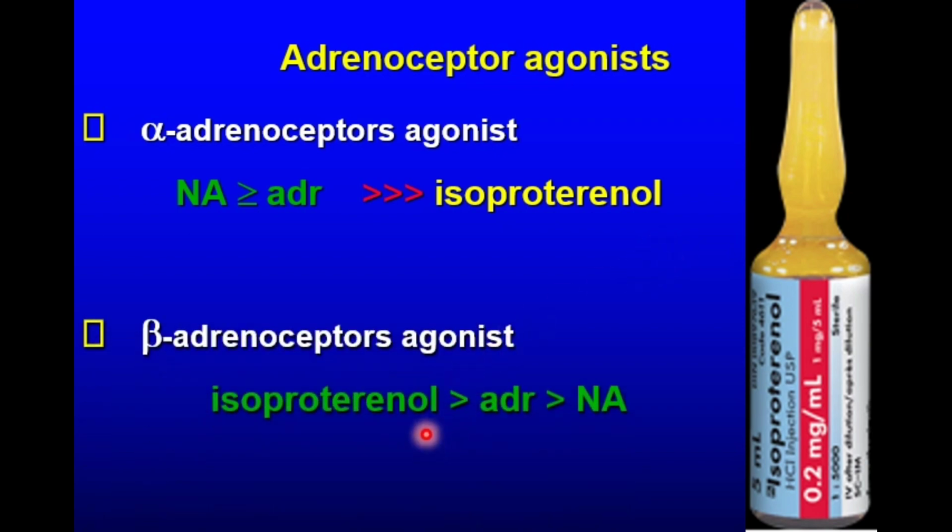The relative order of agonist potency for beta adrenoreceptor is as follows. Isoproterenol is more potent than adrenaline, and adrenaline is more potent than noradrenaline.